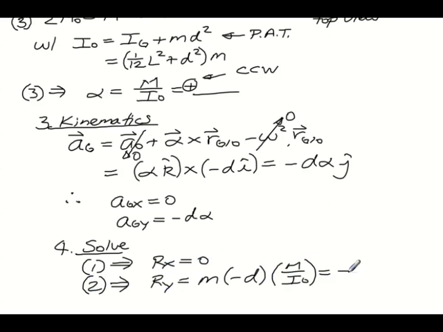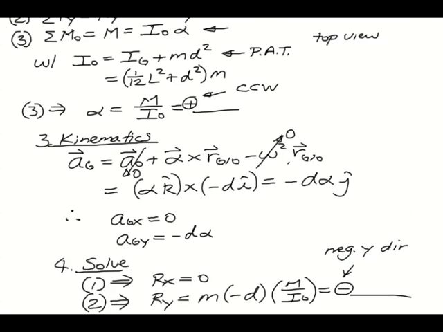So it's going to be a minus sign. All this tells us is that the reaction force acting on the bar is going to be in the negative y direction as a result of the application of the couple M.